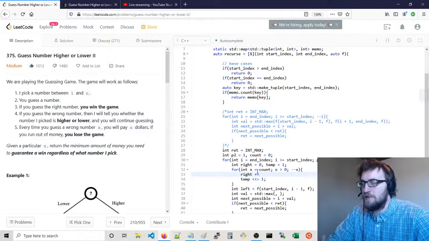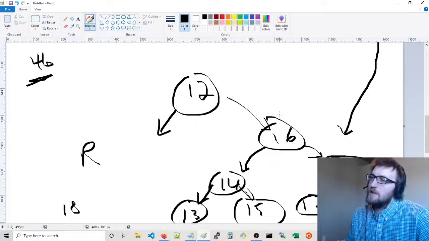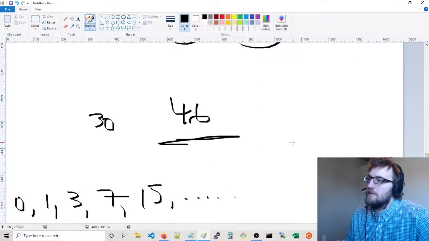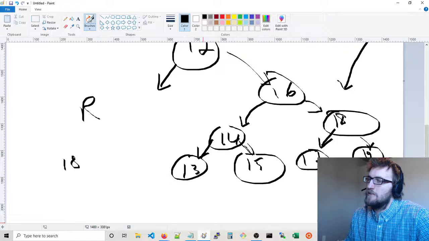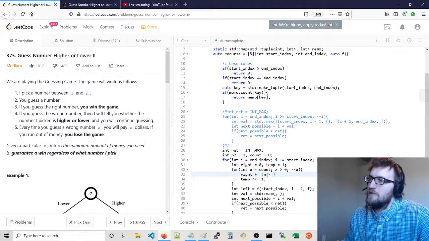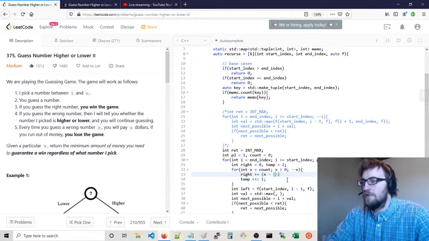And then right is going to be n minus, temp should start off at 2, I think. Temp minus 1.